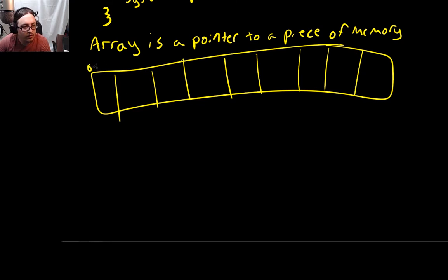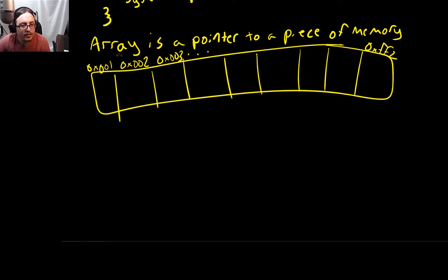You have 0x001, 0x002, 0x003, and so on. And over here it's like 0xff2, something like that.